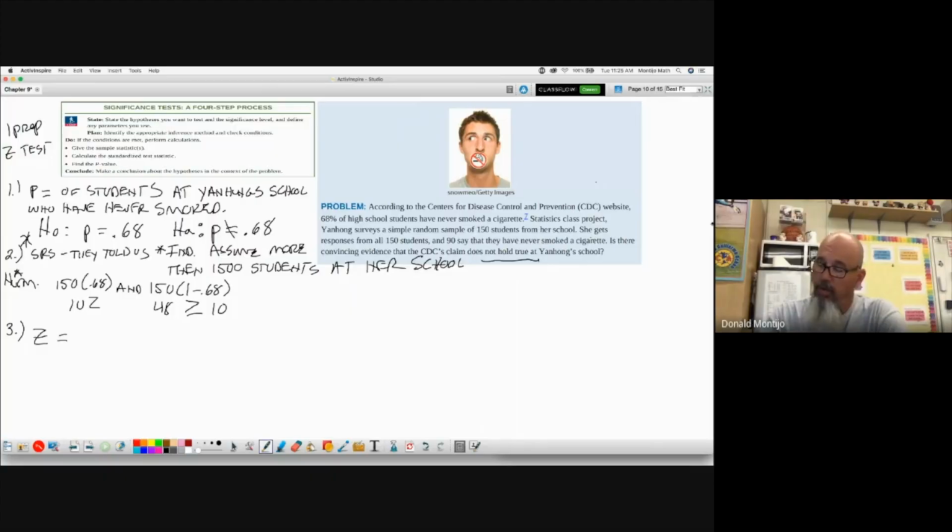So z equals 0.6 minus 0.68 over the square root of 0.68 times 1 minus 0.68 all over n. When I do that calculation, I'm going to find that this z-test statistic is equal to negative 2.1.